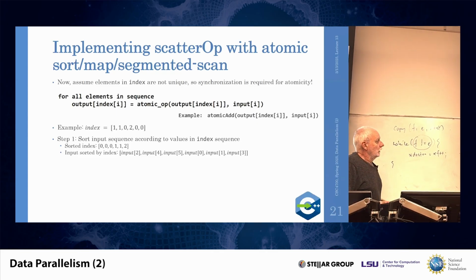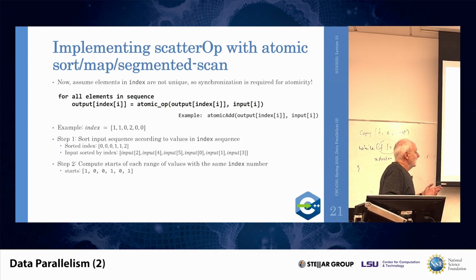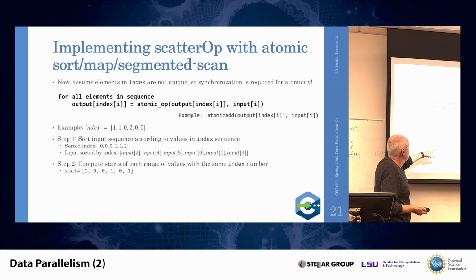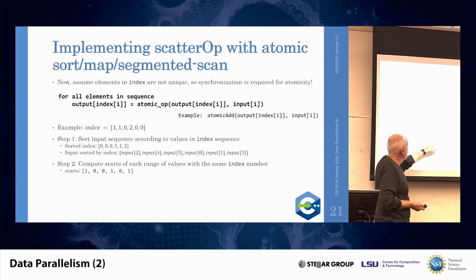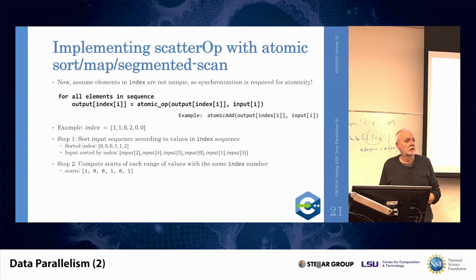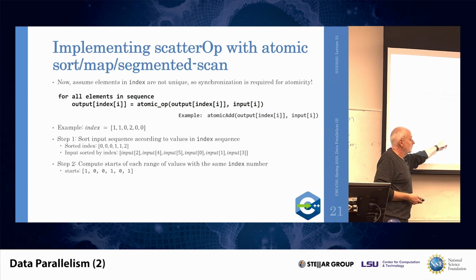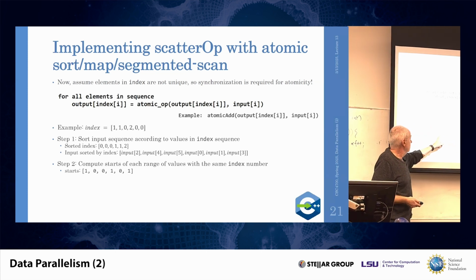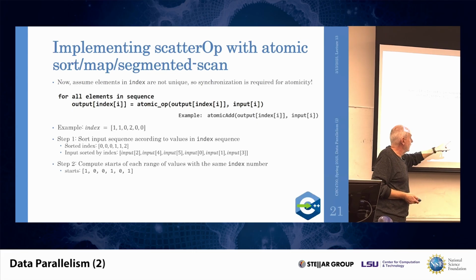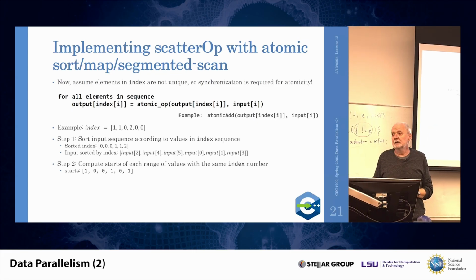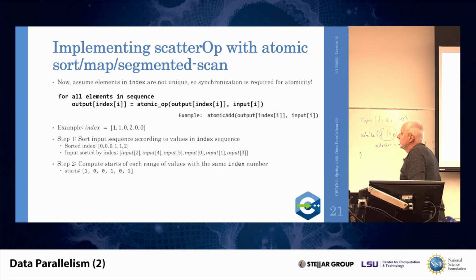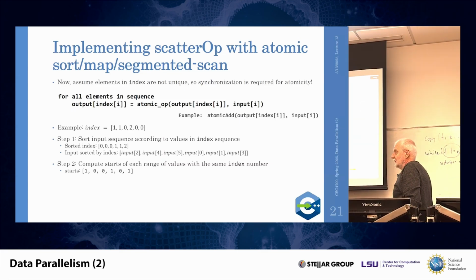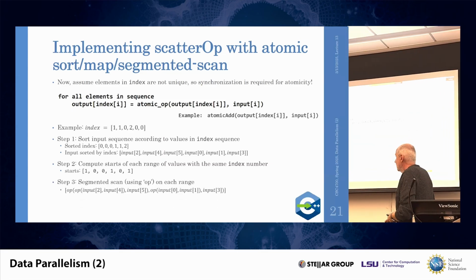And that means that I have to start the accumulation at each bit that is set. So I have to sum up the 3 elements that come first, then I have to sum up these 2 elements, then I have to sum up that element. And this is a segmented scan. That's what we talked about last time, right?